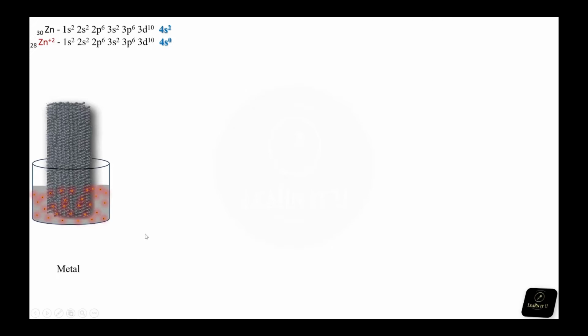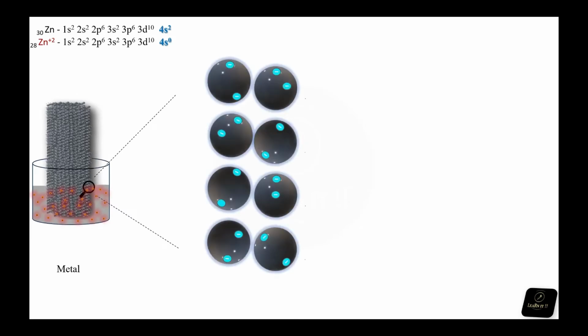So when zinc is in contact with its own ion and the concentration of the zinc is less, at that time the zinc atoms present in the metal rod undergo oxidation, leaving behind 2 electrons on the zinc rod.